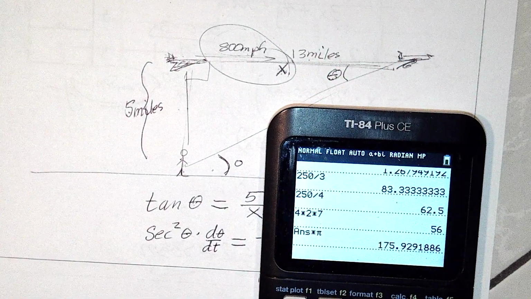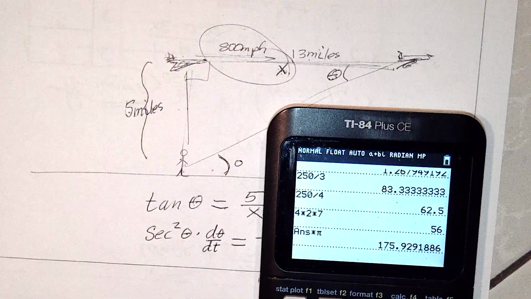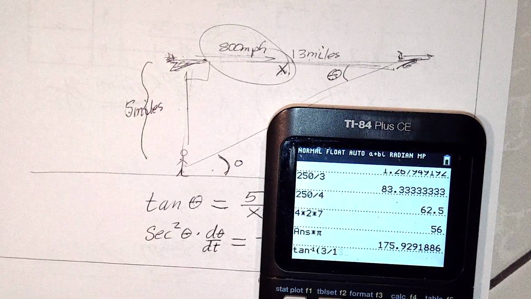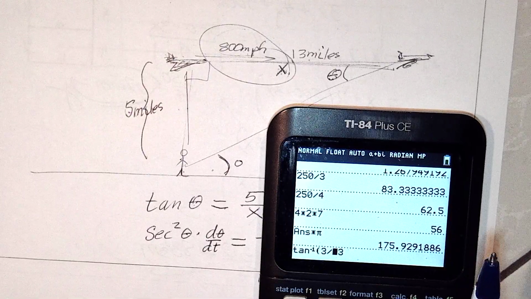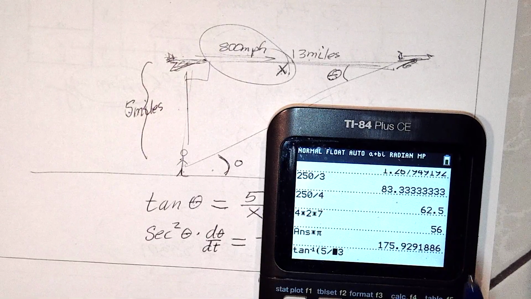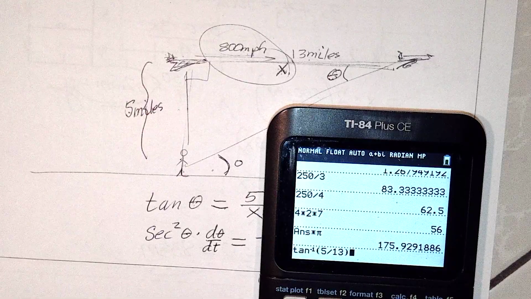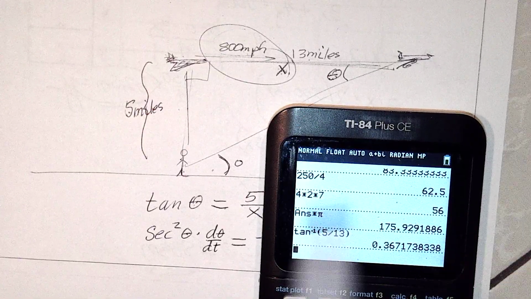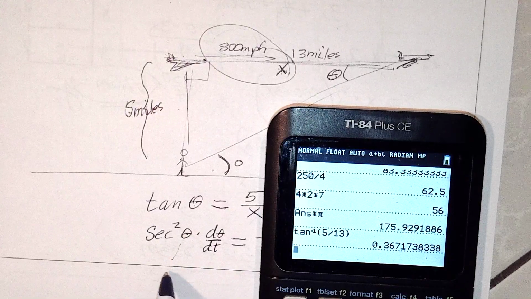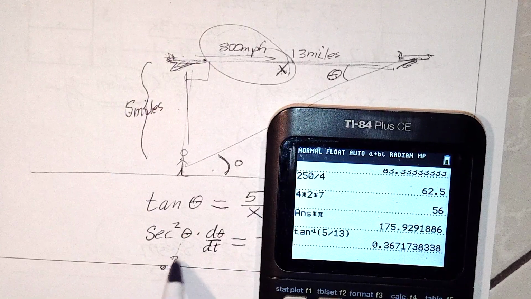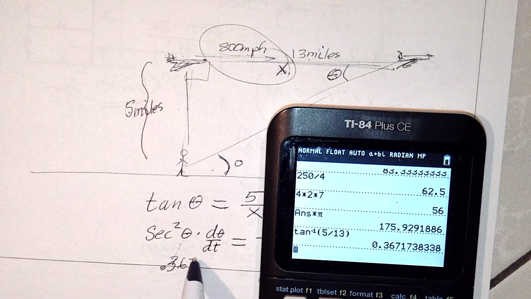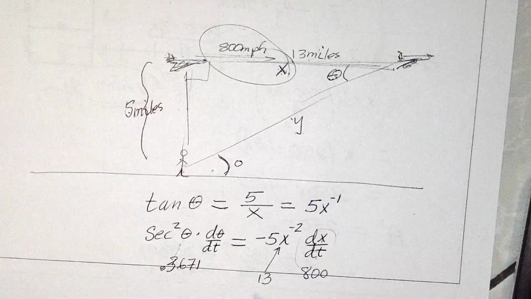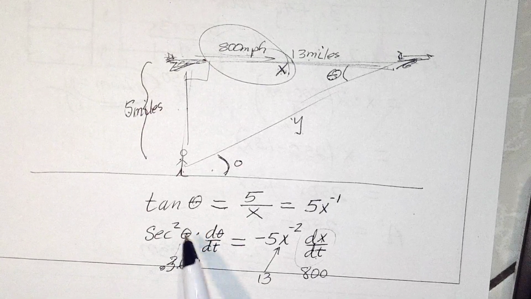So I got to go tangent inverse of 5 divided by 13. And I get theta is 0.3671. So I have the angle.